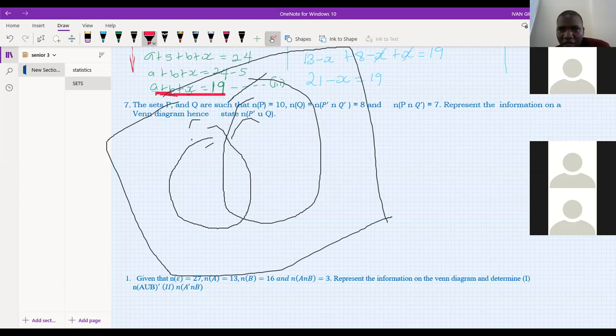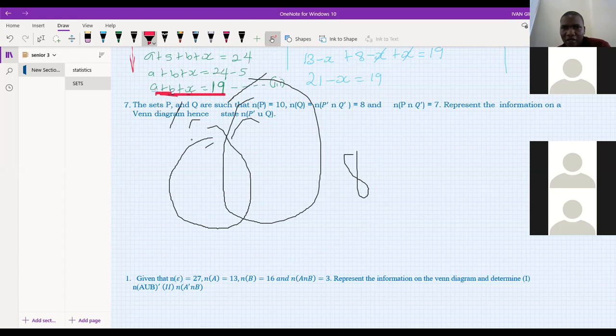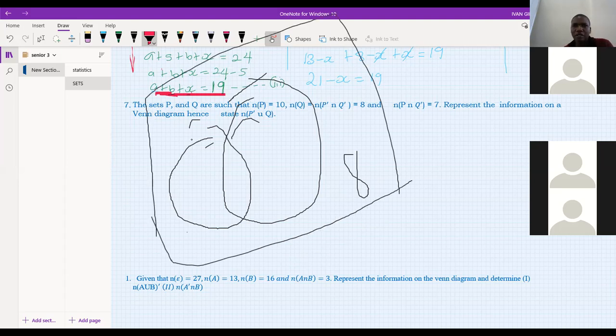We have set P. You can write P. 8 is outside, that's correct.